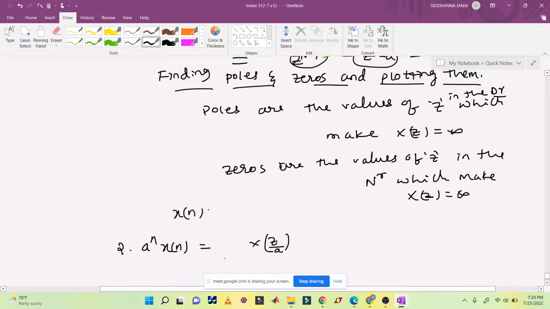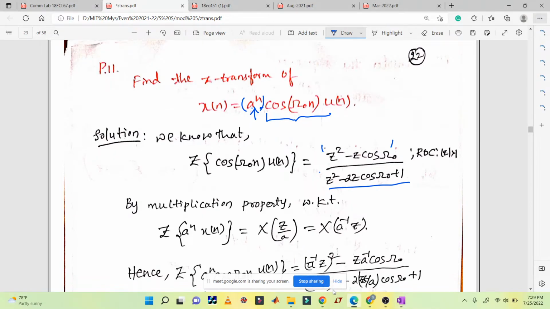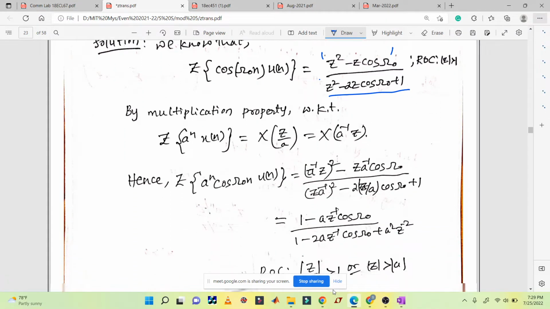If x of n gives us a Z transform as x of z, then if you multiply with the exponential, the Z transform will be, wherever z is there, you have to replace it by z by a. So that is the property. Using that property, we can solve this problem and simplify it.